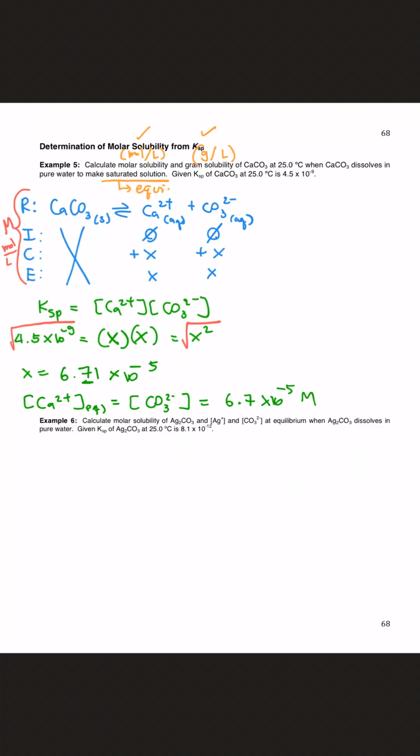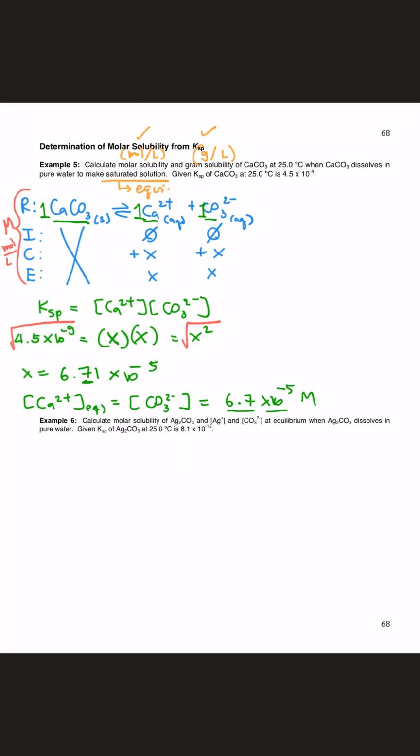Now, if you look at the reaction, you can see that for calcium ions and carbonate ions to be produced at 6.7 times 10 to the negative 5 molar, the amount of solid calcium carbonate has to dissociate at the same amount because the reaction is a 1 to 1 to 1 mole ratio.